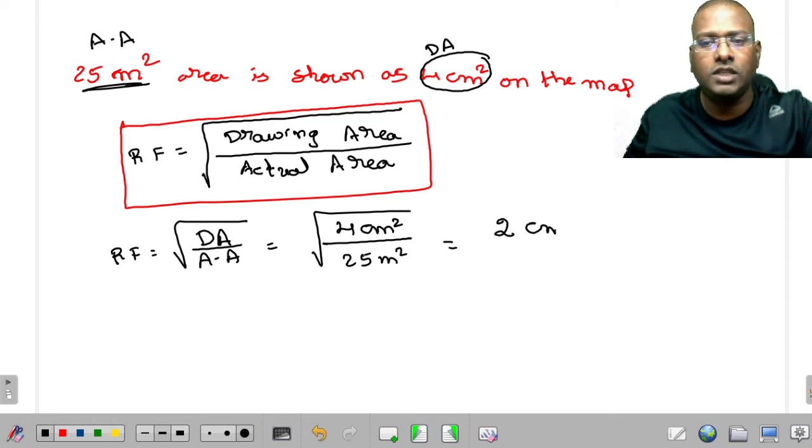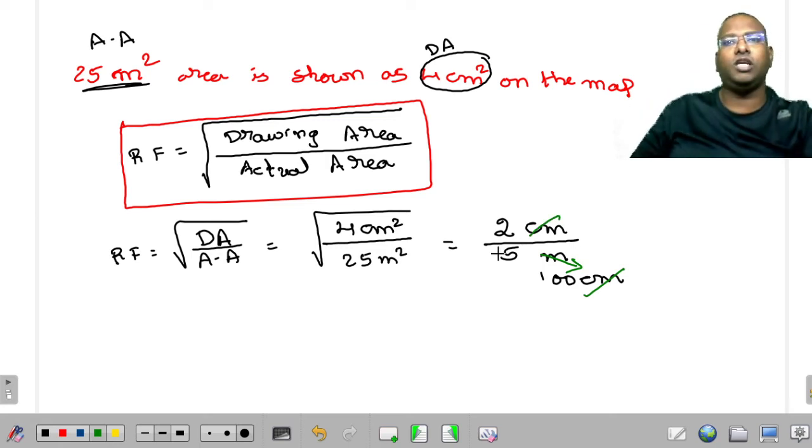Centimeter square under root is centimeter, divided by the square root of 25, which is 5. Meter square under root is meter. But we know that 1 meter is equal to 100 centimeters, so we can cancel centimeter.